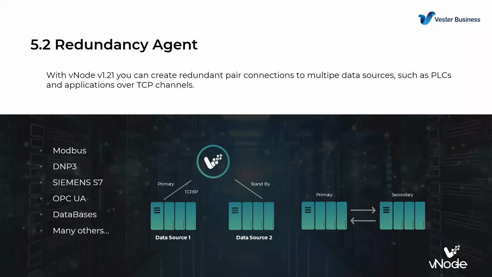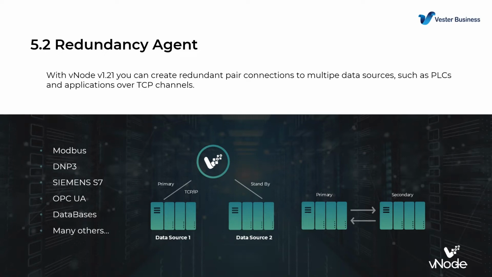Okay. But not only the nodes will be redundant, we also care about connectivity based on the devices, the shop floor devices and the applications. Your shop floor device connectivity will now be assured too, because we have the vNode Redundancy Agent, which is a module that allows you to create redundant pair connections based on TCP/IP protocol.